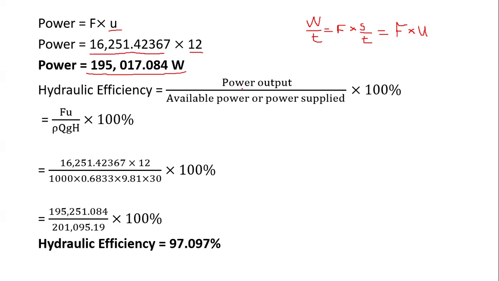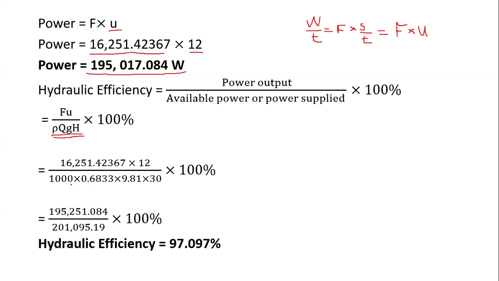So power output 16,251.42 times 12, meaning if you want, you can just lift this number the way it is and plant it there. What about the available power? The available one, you multiply the density by the discharge, by gravity, by the available head. Because this whole formula here can give you the amount of power that a pump can work against. So density by the discharge, by acceleration due to gravity, by the available head, which is h. In this case, we were told that h is 30 meters.